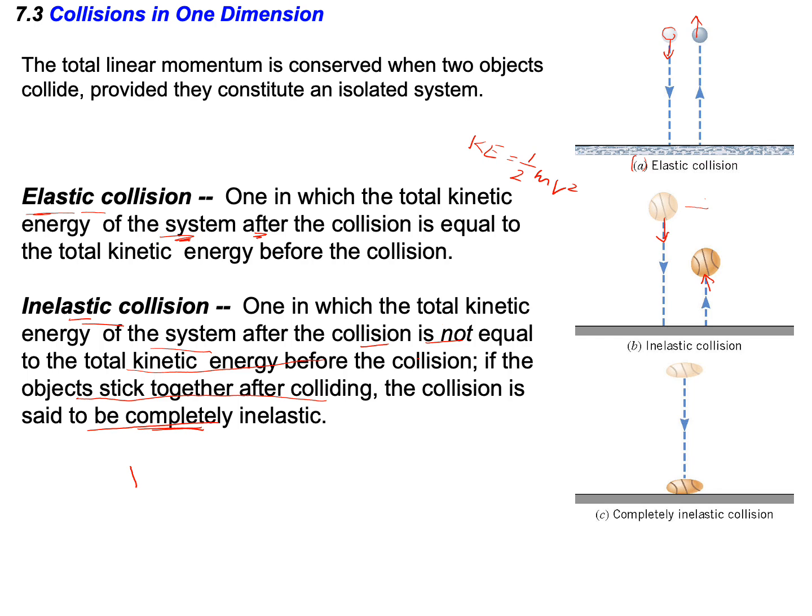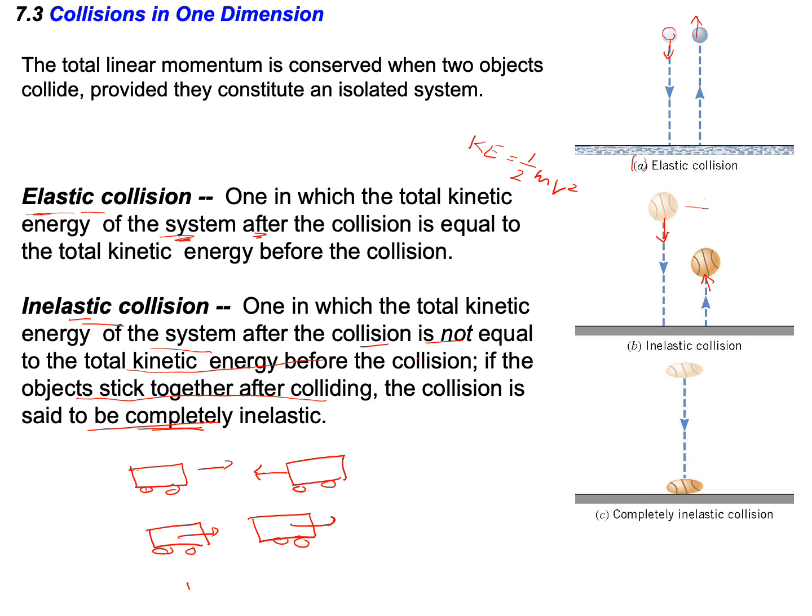In your lab, there are 2 or 3 sections. One is a face-to-face collision and then they bounce back, like elastic. Another one, there's a collision, but it is inelastic.